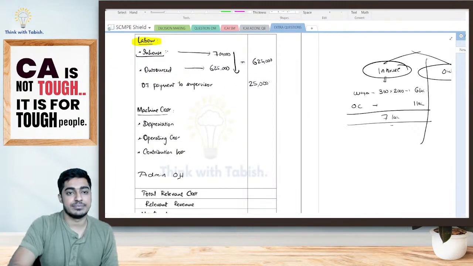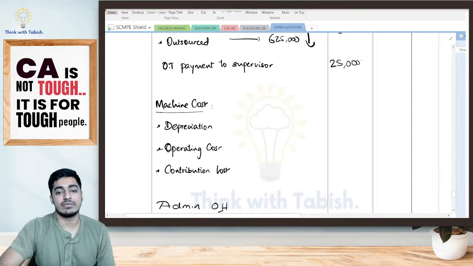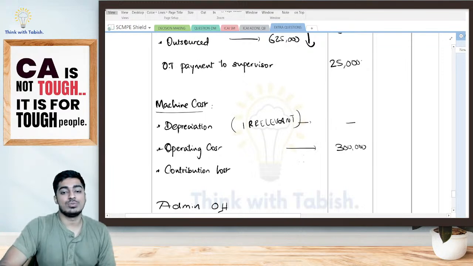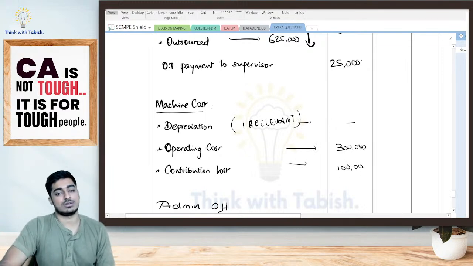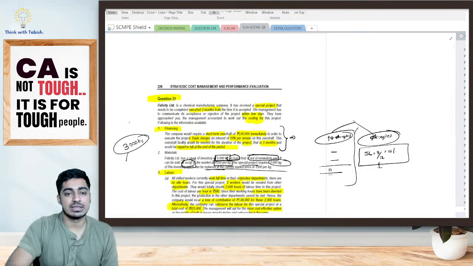Is it clear? Yes, depreciation is irrelevant. Operating cost is 3 lakh rupees, contribution loss is 1 lakh rupees. Till here things are clear? Yes, now let us come back.